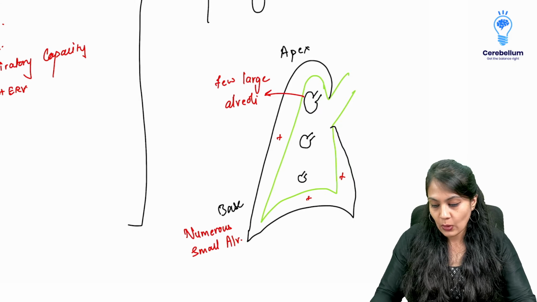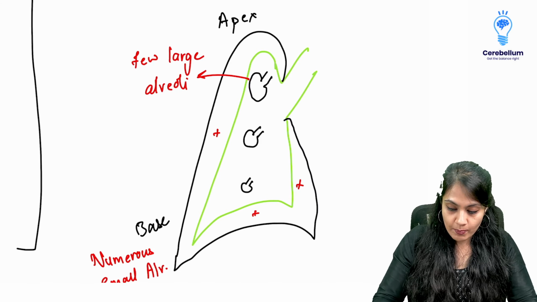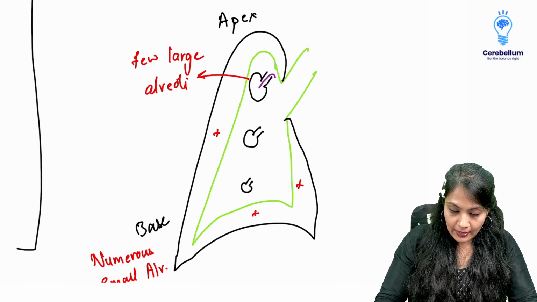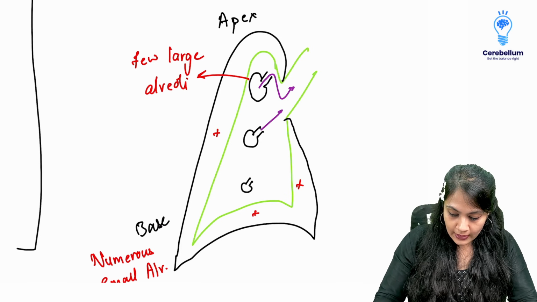Now as the person starts to expire, the air will start coming out of all the alveoli, isn't it? But as the pressure becomes more and more positive, what will happen?